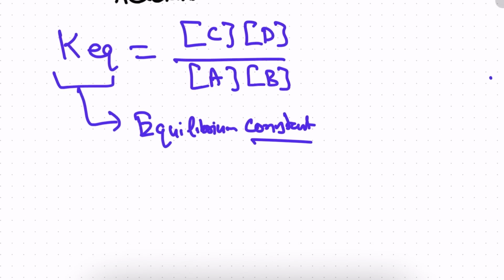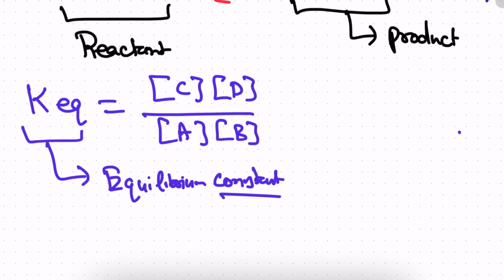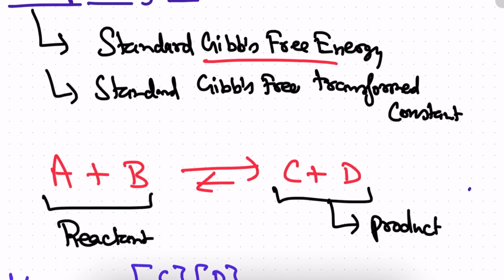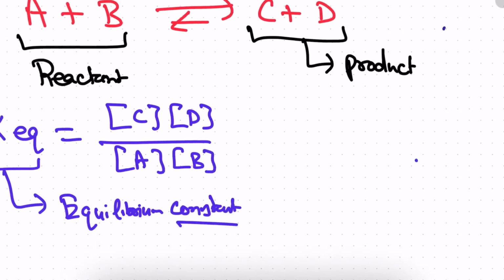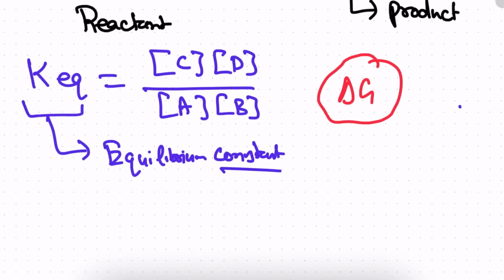Now here we have to discuss standard Gibbs free energy. Hopefully you know what is delta G. Delta G is the change in Gibbs free energy.